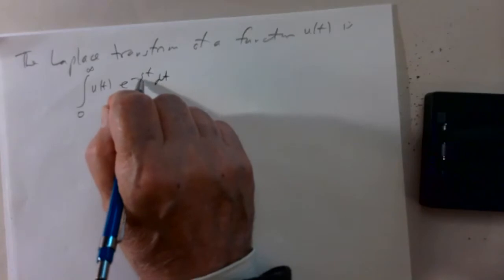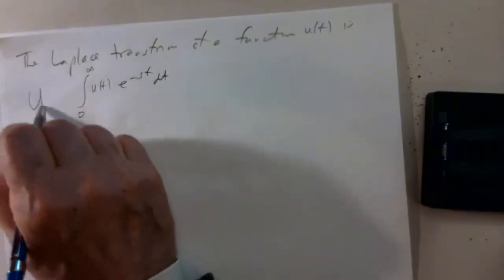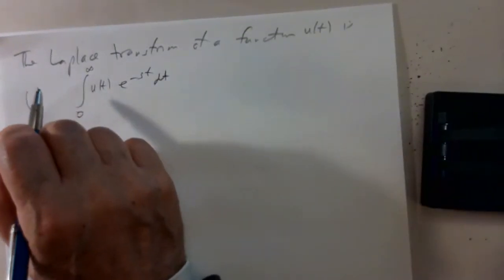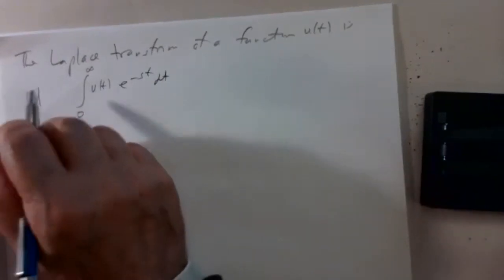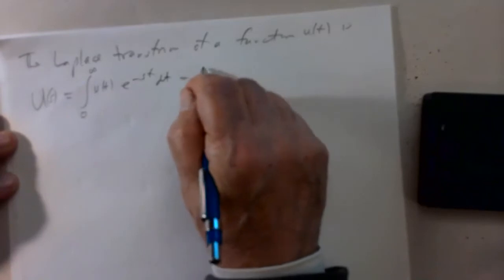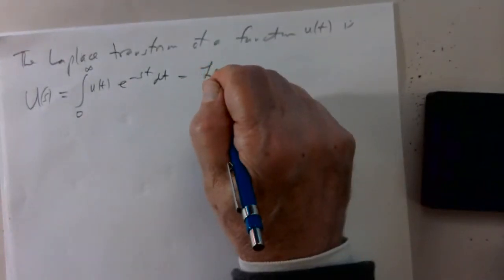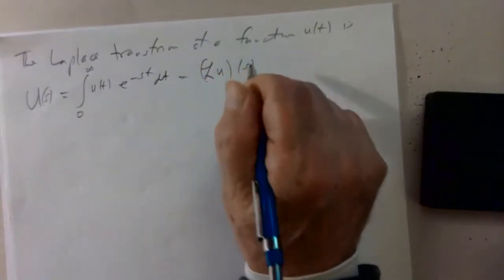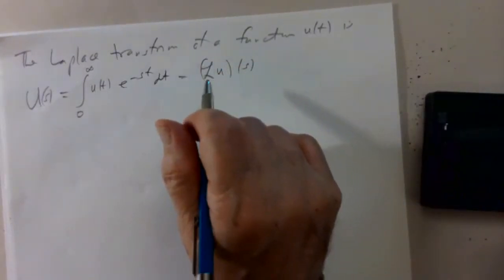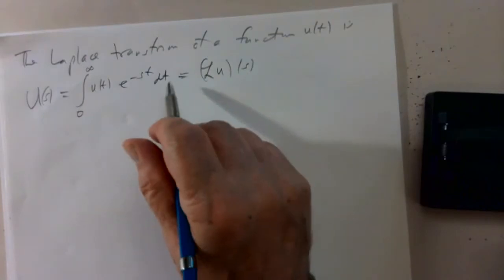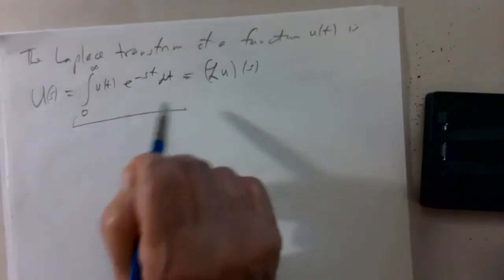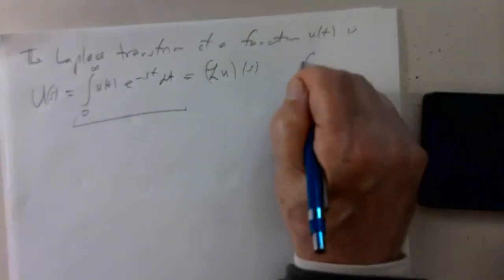And this depends on this parameter s. So this is really a new function, which I'll call L of u of s, or I can also call it the Laplace transform Lu of s. These are just two commonly used notations for the Laplace transform, if it exists.